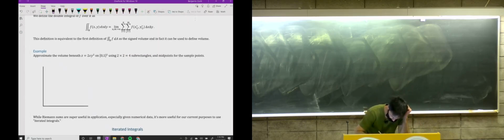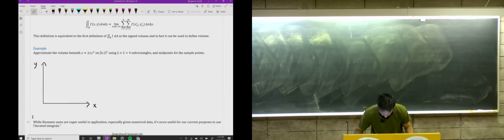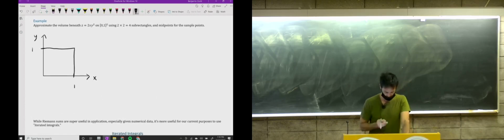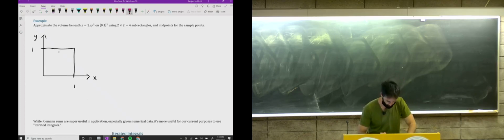Let's say that this is the xy plane. And let's say this is now the rectangle 0, 1 cross 0, 1. And I'm going to split it into 4 subrectangles by splitting it in half in the x direction and also in the y direction.